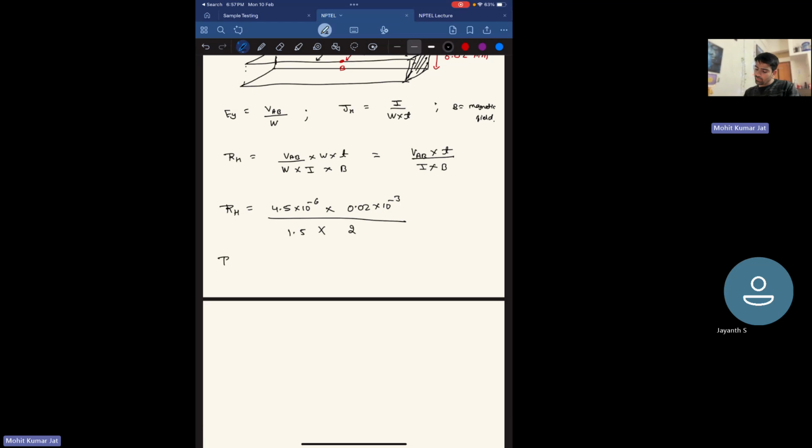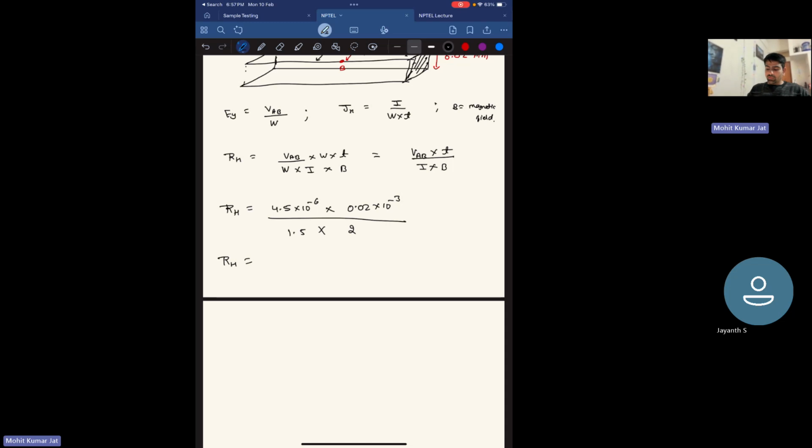So let's just calculate this RH. I have the calculator, I will use it. So 4.5 times 0.02 divided by 1.5 divided by 2.